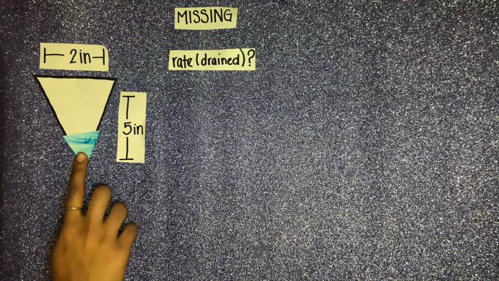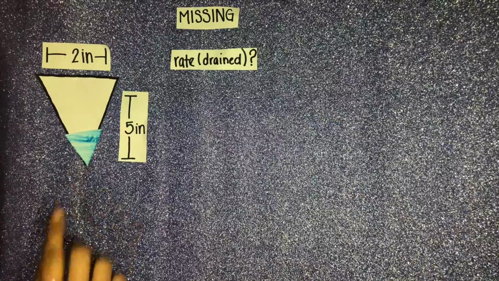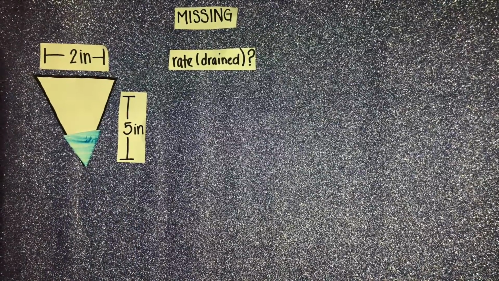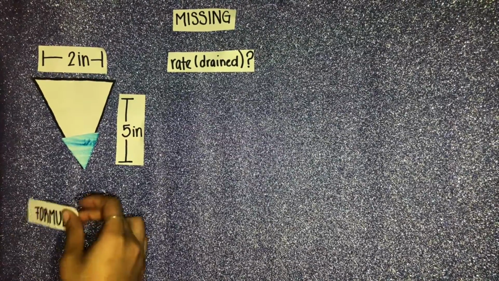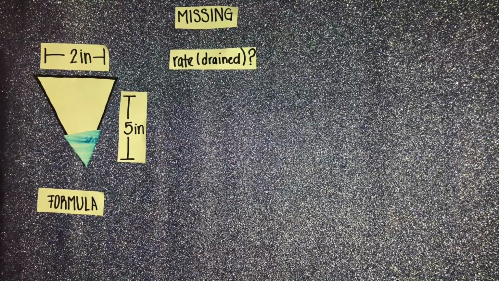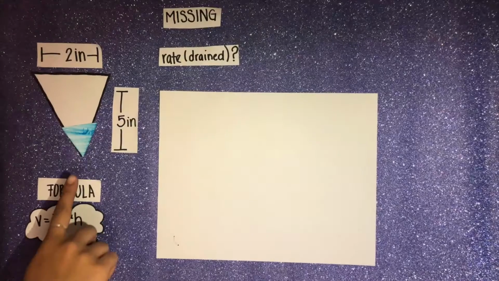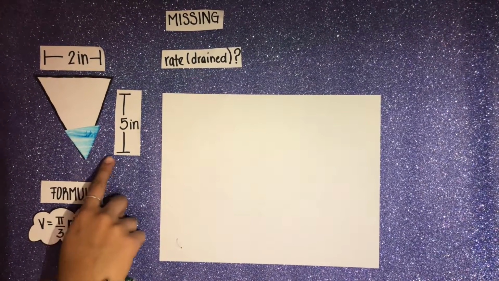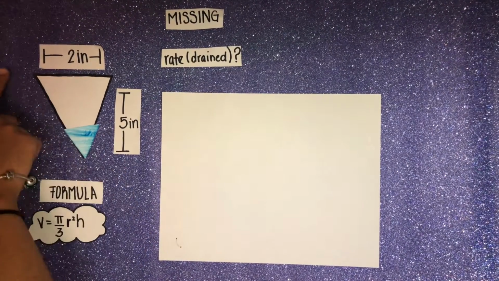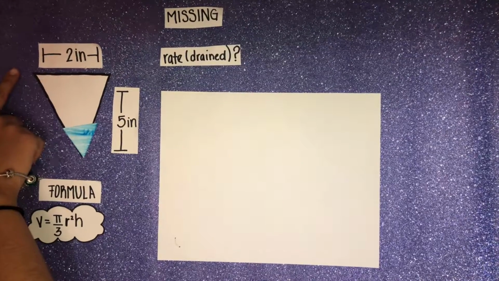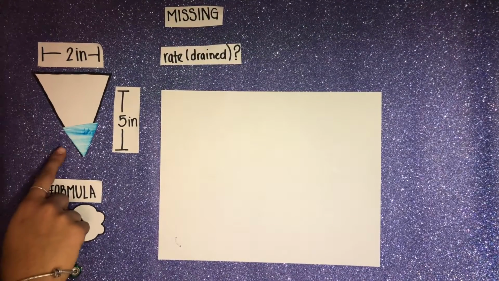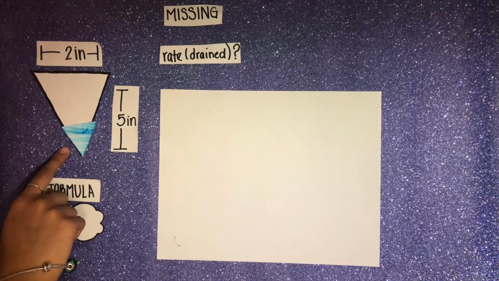Since water is being drained from a container which has the shape of an inverted right circular cone, we can relate this with the formula of volume. We know that the container has a height of 5 inches and a radius at the top of 2 inches. But we want to know the radius of the water when it's at 2 inches.